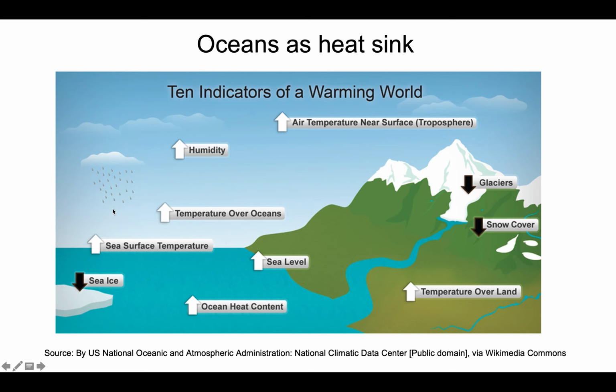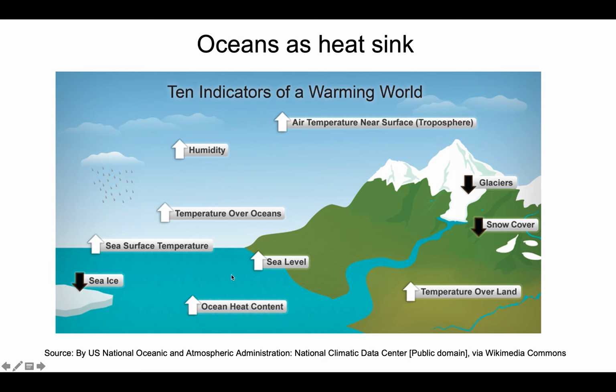But things would have been a lot worse if we didn't have these large bodies of water, because a lot of the heat that is generated right now because of global warming is being absorbed by the oceans and the bodies of water. If it wasn't for them, we would have been much hotter. Now, who's paying the price for that? Well, eventually we are, and we will.